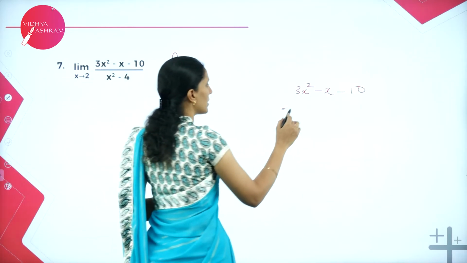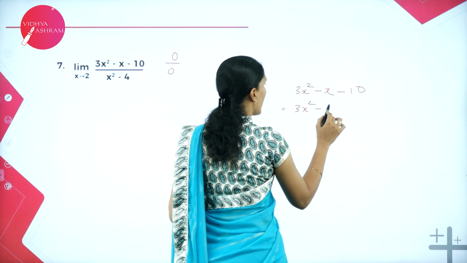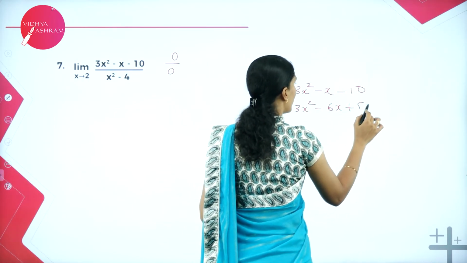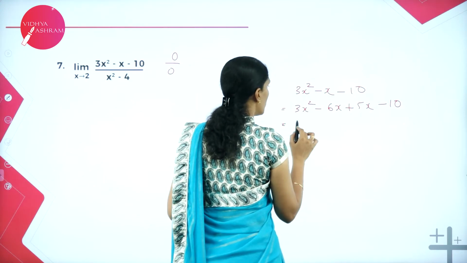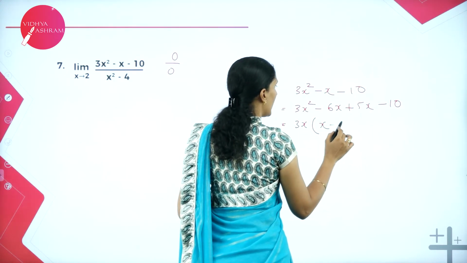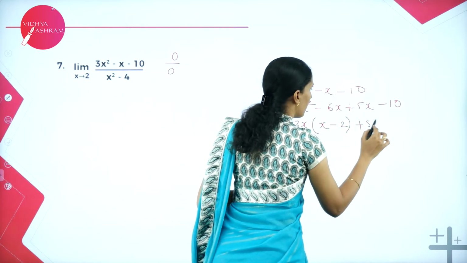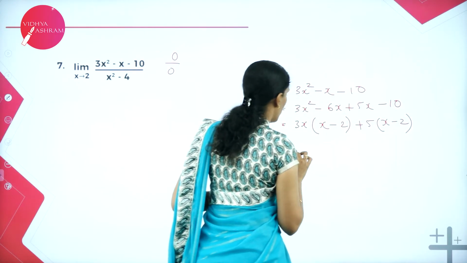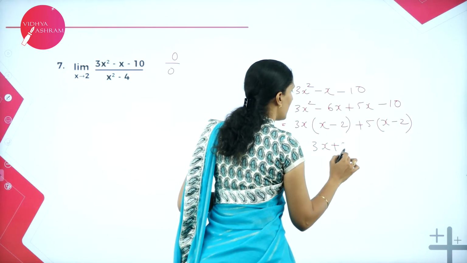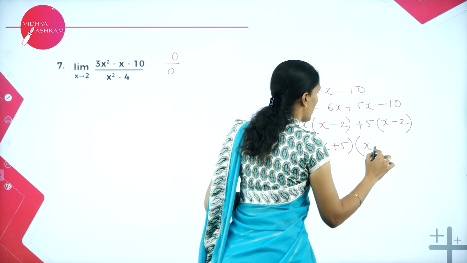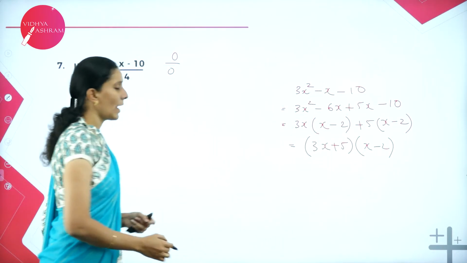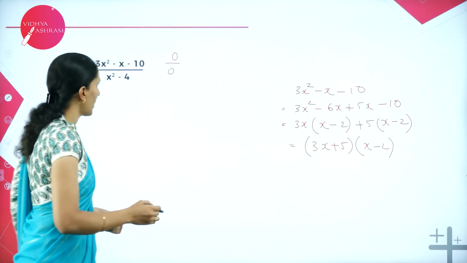This can be written as 3x square minus 6x plus 5x minus 10. So 3x common, x minus 2, plus 5 x minus 2. So this is 3x plus 5 into x minus 2. And the denominator can be directly written as x plus 2 into x minus 2.